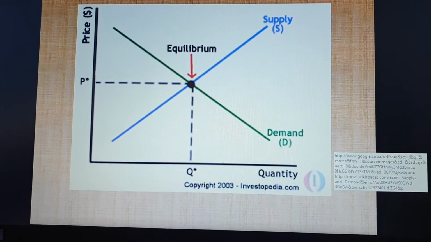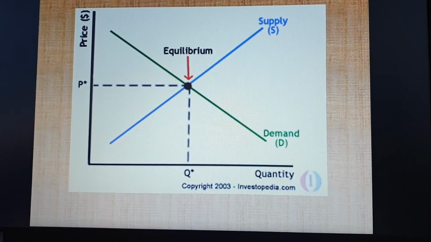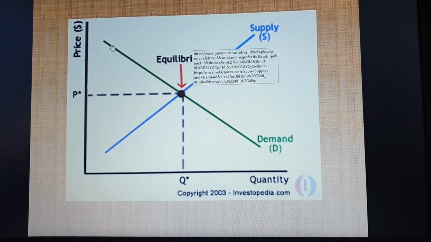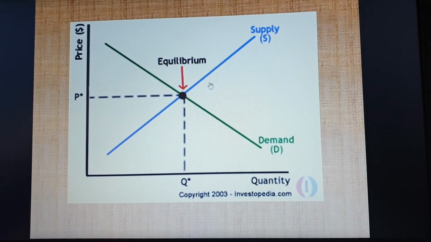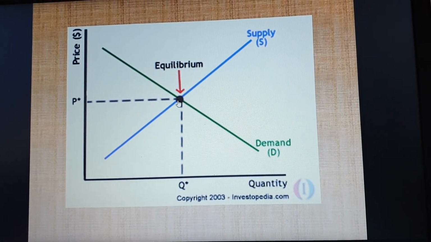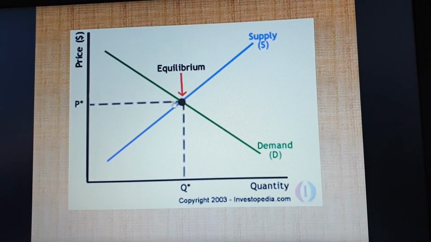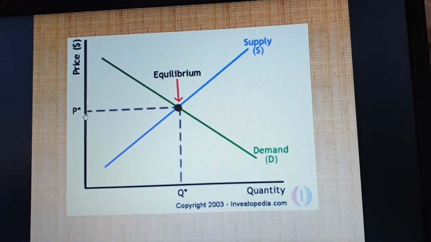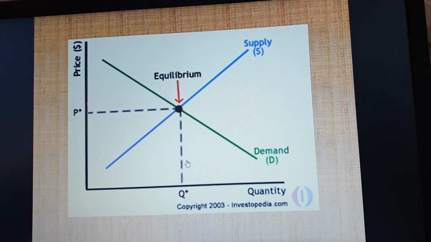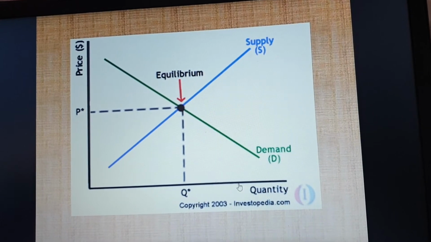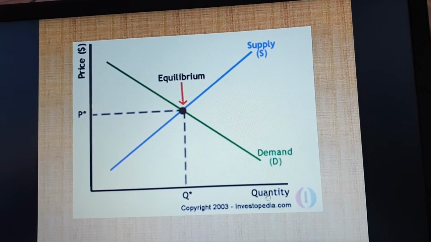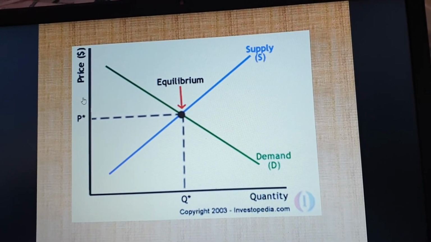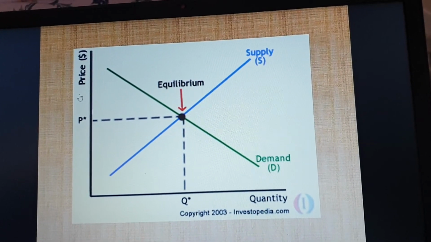Just to come back again to the basics, I have a supply curve, I have my demand curve, and wherever they meet, they have equilibrium. From my equilibrium point, that is where I'm going to get my P for price and my Q for quantity. Quantity will always be on your horizontal axis. Price will always be on your vertical axis.